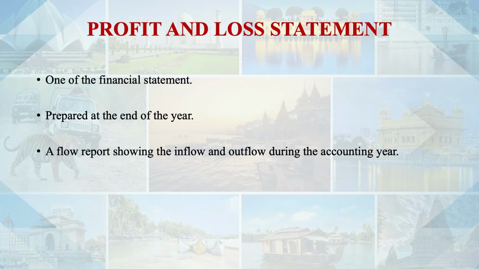That is, it will show all the things that have happened in an organization during that particular accounting year. And it is also a link between the opening and the closing balance sheet. The values in your opening balance sheet will change at the end of the year. That is, there will be a difference in the values in the opening and the closing balance sheet, and it is basically because of your profit and loss account or statement.